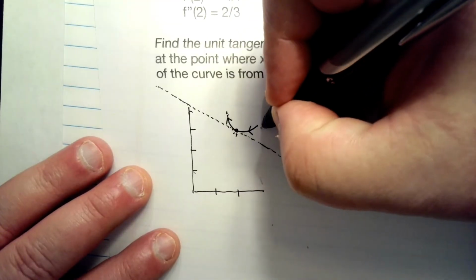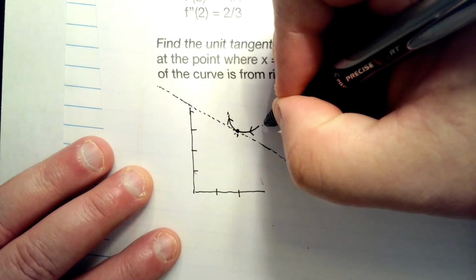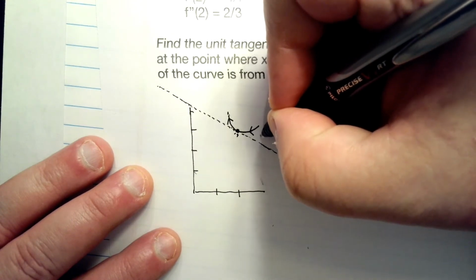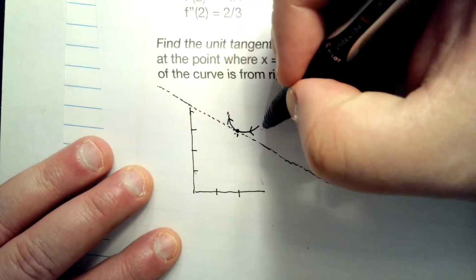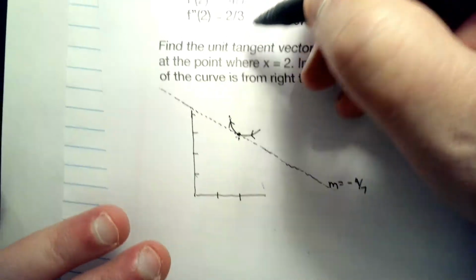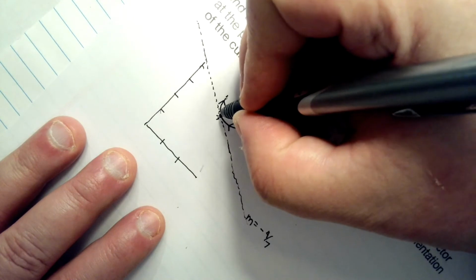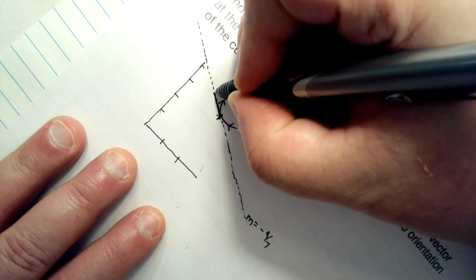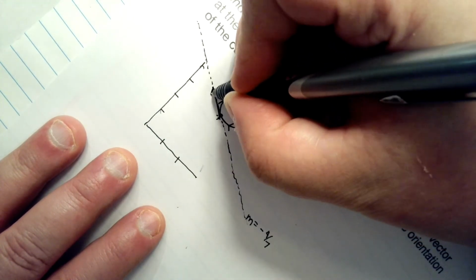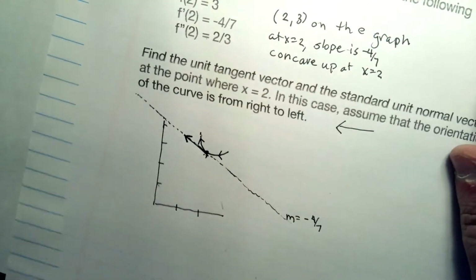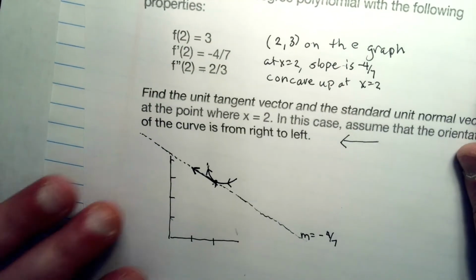Since the orientation of the curve is in this direction, if you think of the parameter and the orientation as telling you the direction of motion, we're moving in that direction, and so the tangent vector would also be pointing in this direction. And since it's a unit tangent vector, it would have length 1. So that's our unit tangent vector.